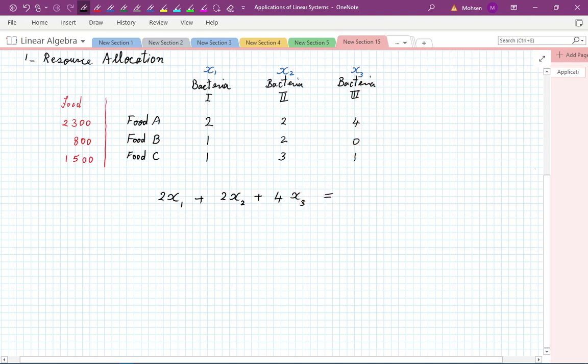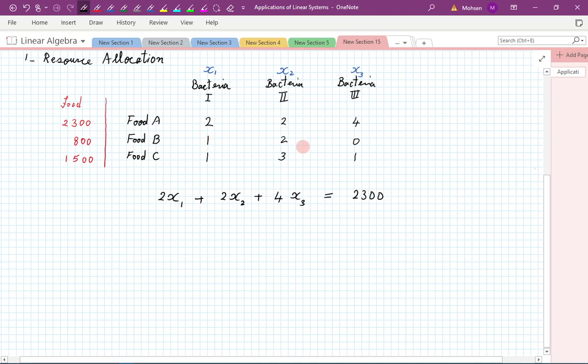They definitely cannot eat more than 2300 because that's all the food we have. So of course it's a possibility that maybe they eat less, but let's suppose that they are going to clean their plates and eat all of this food.